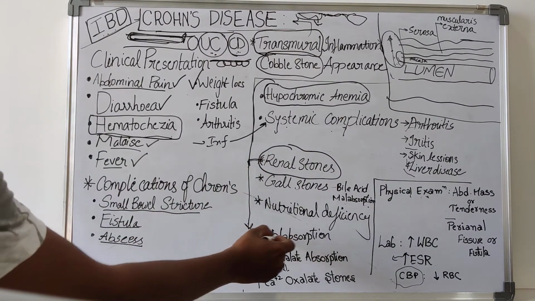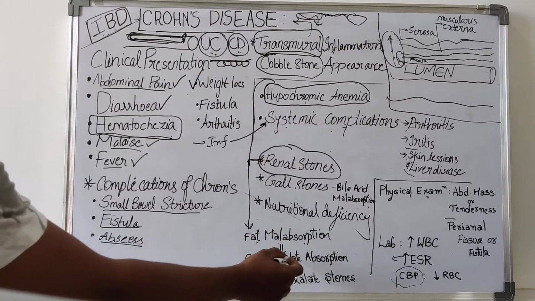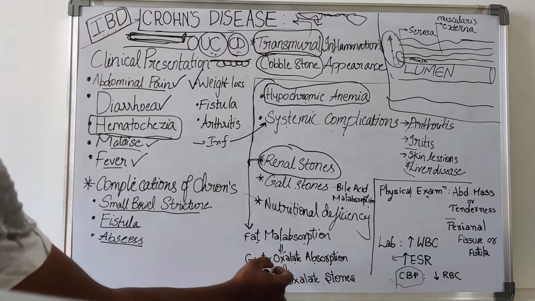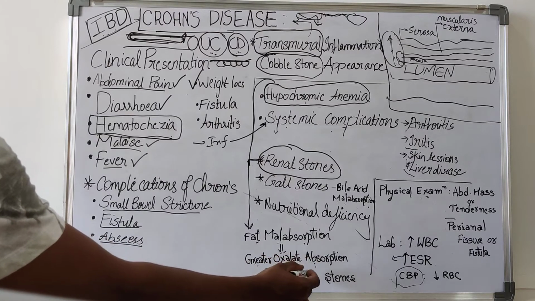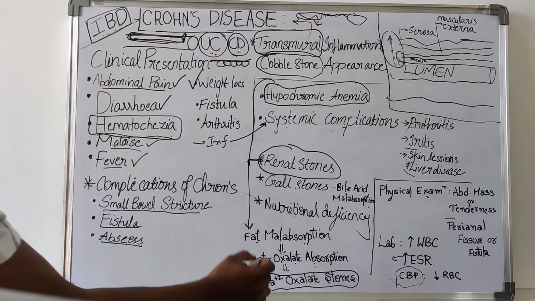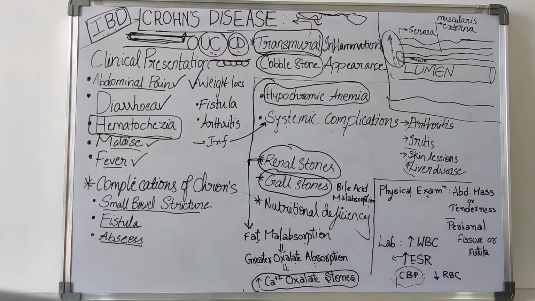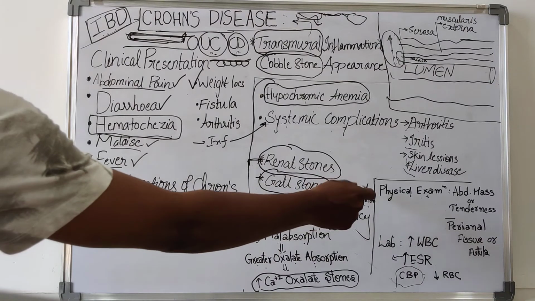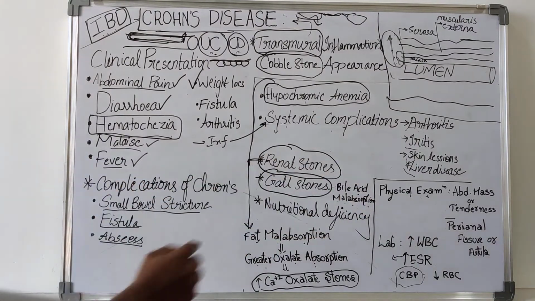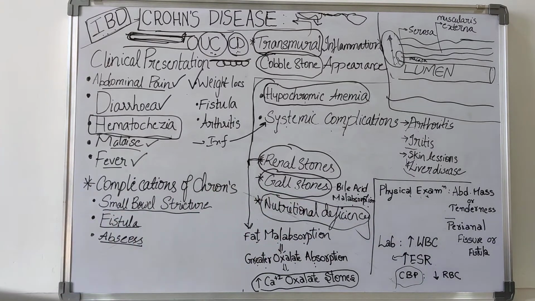Because of fat malabsorption, it results in greater oxalate absorption. This greater oxalate absorption results in the formation of calcium oxalate stones, and there may be presence of even gallstones. Why are gallstones occurring? Because of bile acid malabsorption.